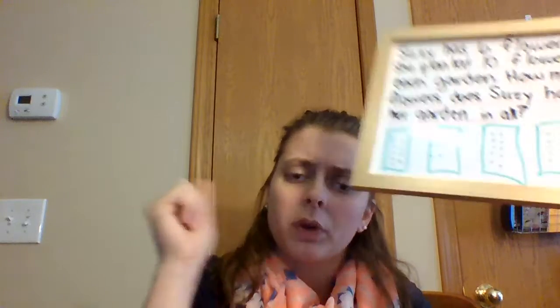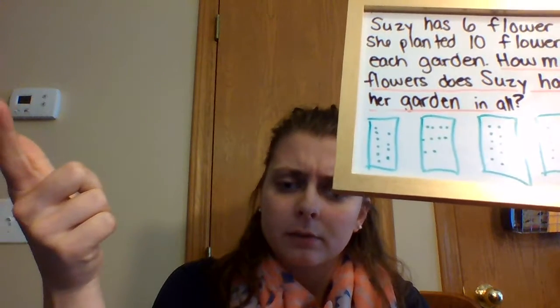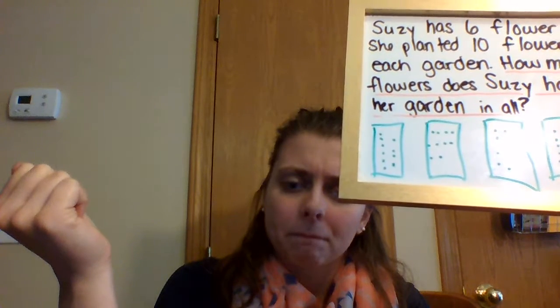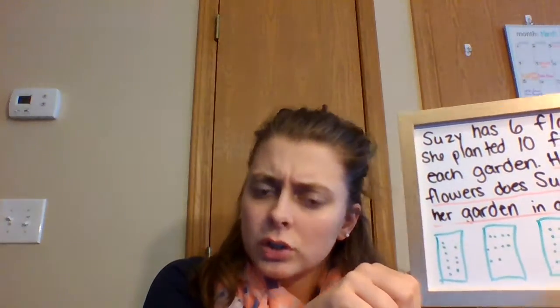What operation do we use with equal groups and arrays? Multiplication. And did multiplication have in all as a word that would tell us we need to use multiplication? It did.